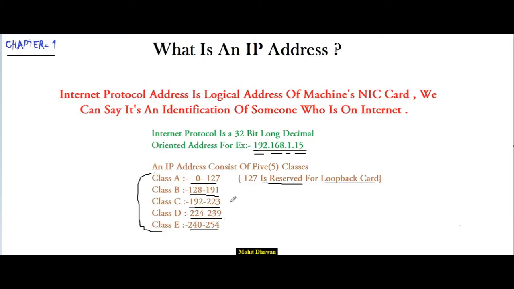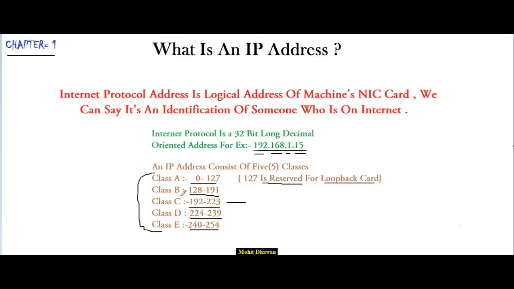Commonly, guys, whenever you check your laptop or computer's IP address, you will always get 192.168.1 and the rest which your ISP gave you. ISP is the Internet Service Provider, which provides us the internet service.